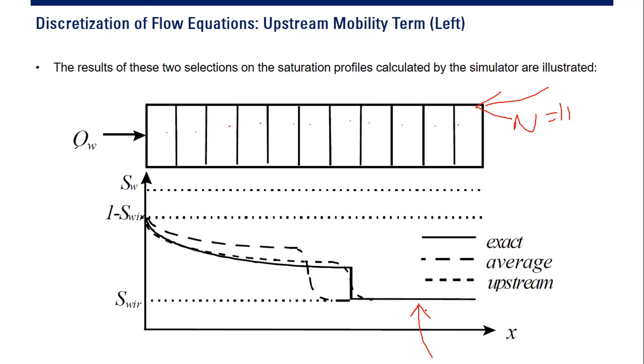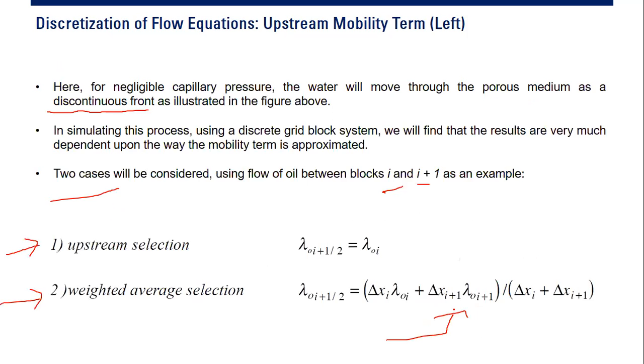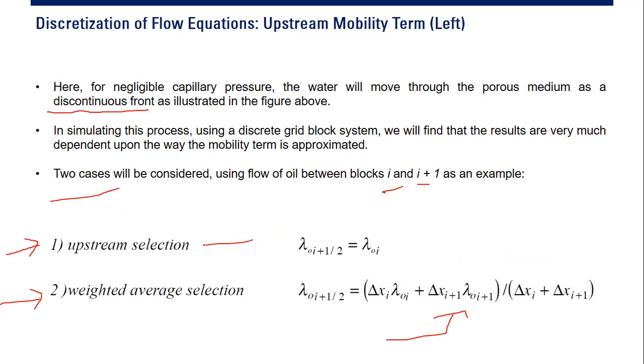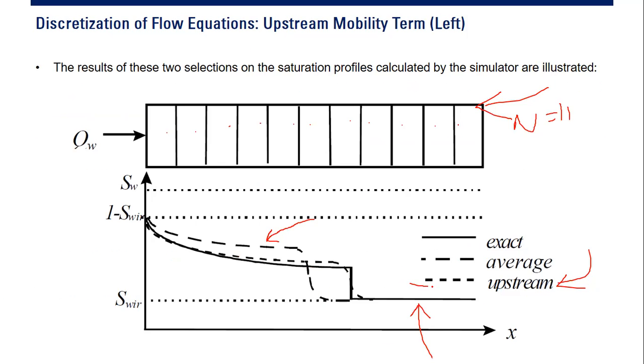This black line is the exact solution, and I have the average method, this dashed line, and the last one I have the upstream solution. So for upstream selection here, you can look at this dashed line.